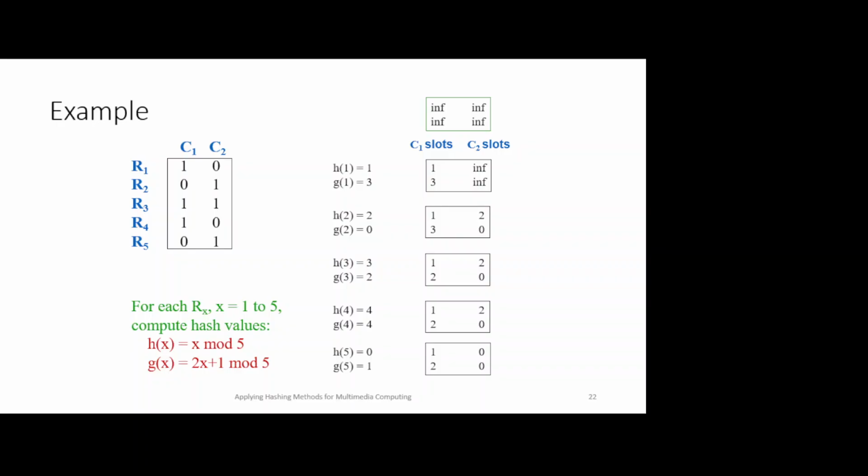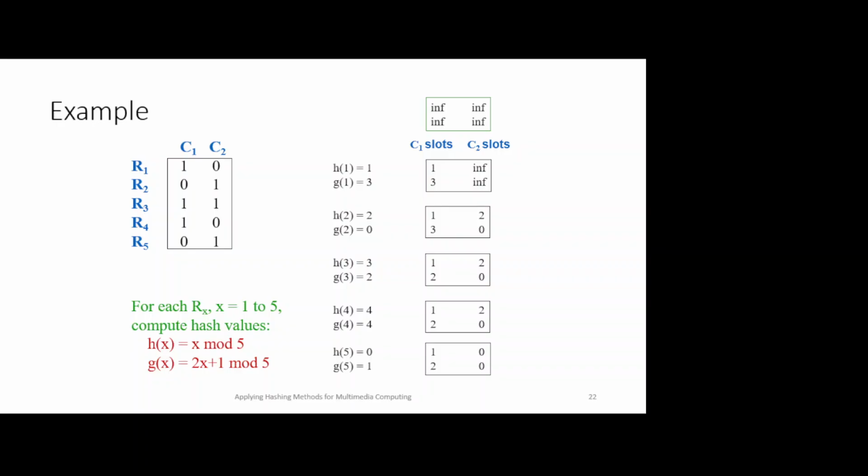Let's start the generation. First you initialize what we call the slots. It means one slot for the first document and one for the second document, initialized as infinity, very large, because after each row we will only keep the smallest hash values.